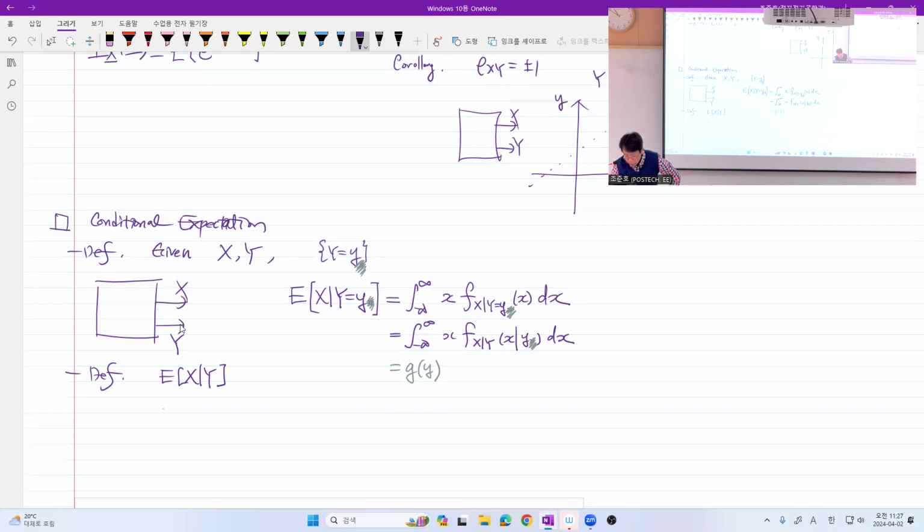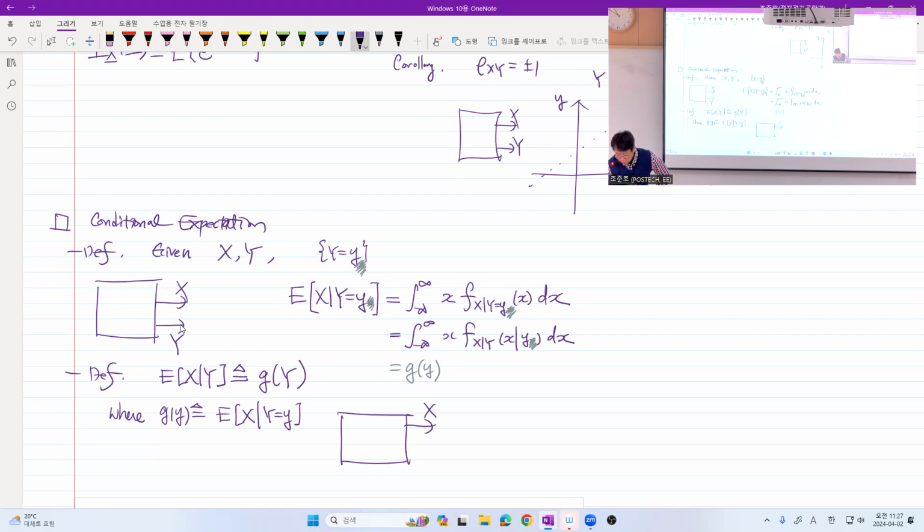So suppose g of y equals expectation of x given capital Y equals lowercase y. Then this strange notation is defined as g of Y. What does this mean? This is simply like this. Suppose you have, again, a source that generates two variables.